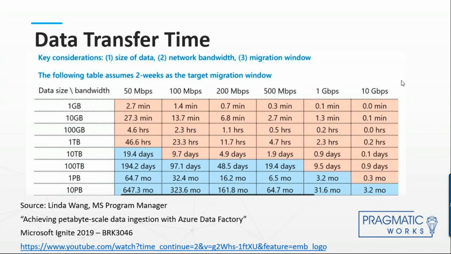So I talked about the time it takes to move data in those files from what's generally an on-premises environment up to Azure. Depending upon the data volume that you're working with, it can take a considerable amount of time. This chart here was actually put together by Linda Wang, who's with Microsoft, and she presented this in her talk at Ignite last year.